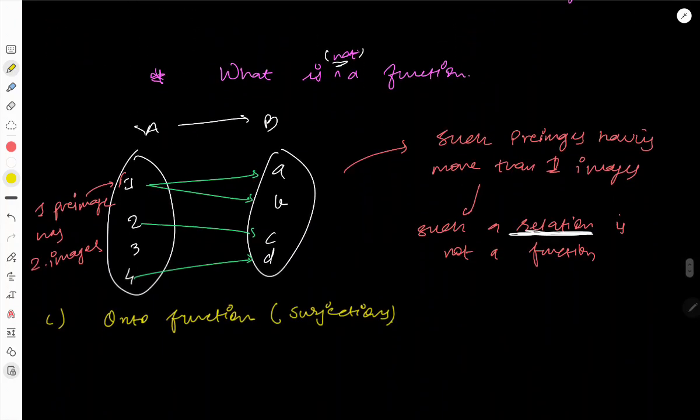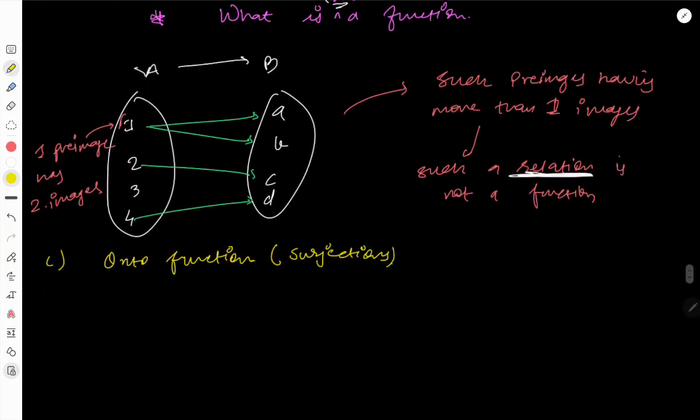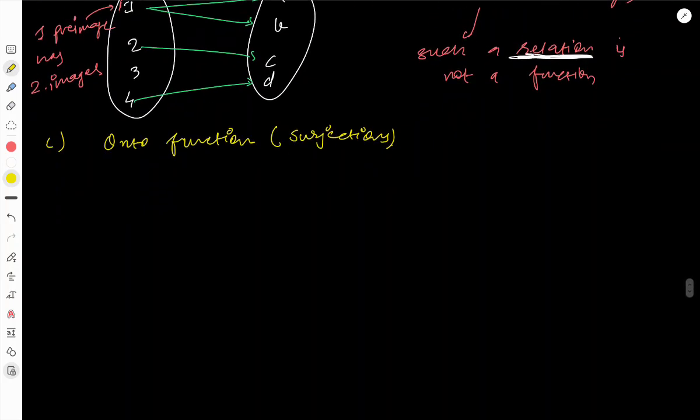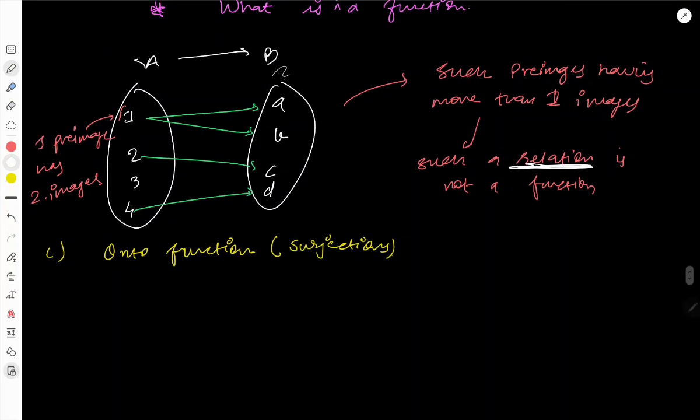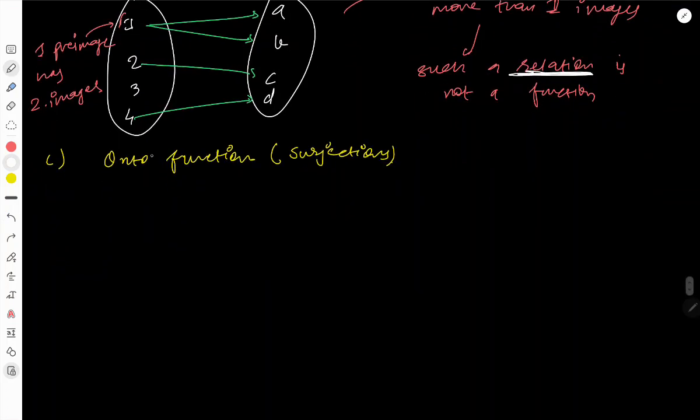That's there, not a lot of things. And the onto function is called surjection. So the theory for onto function is every element of B has at least one pre-image. Then the function is an onto function.